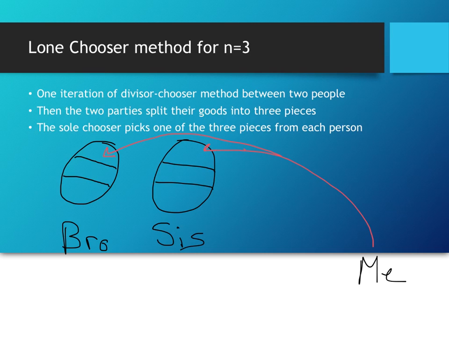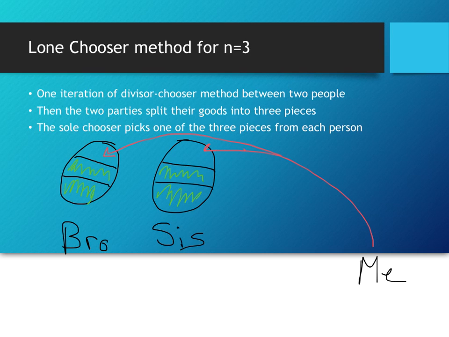Okay? Because if you think about it, the brother is going to be left with two piles, this one and this one, out of 6. So 2 out of 6 is obviously 1/3. The sister is going to be left with 2 piles out of 6. And remember, they did a divider-chooser method, so they believe that these two amounts of goods are at least 50%.